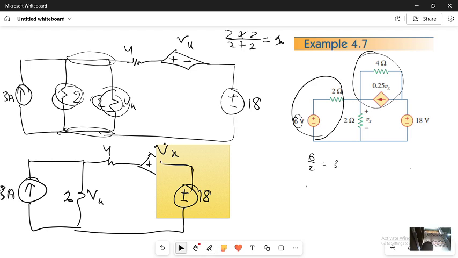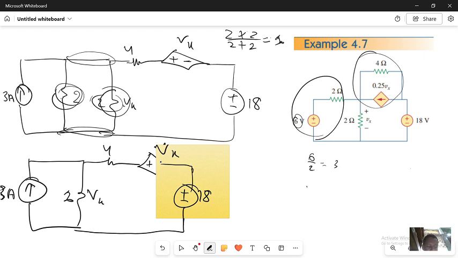Now, how can I proceed again? I can directly use one of the methods that we learned before, either mesh or node analysis, any.